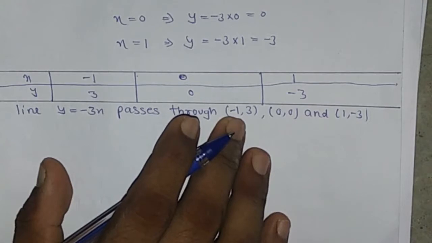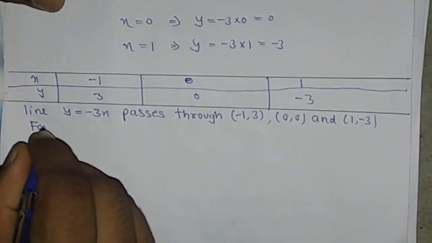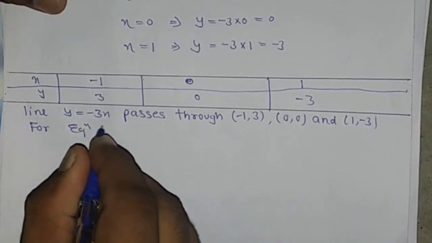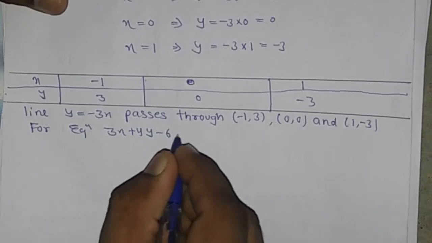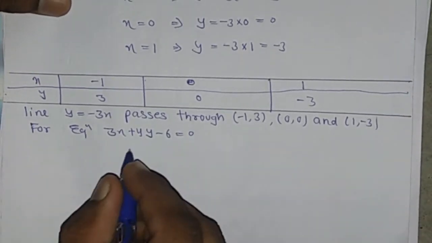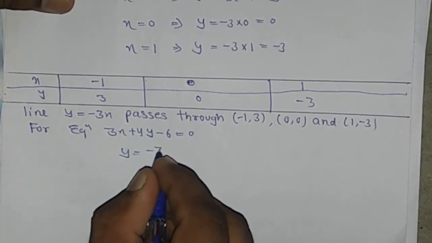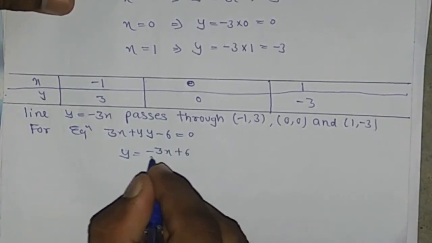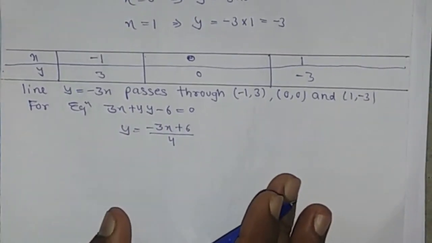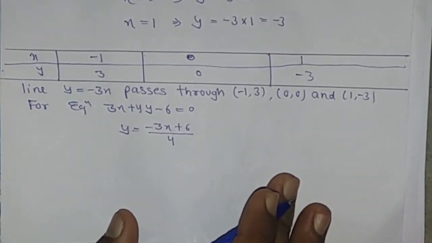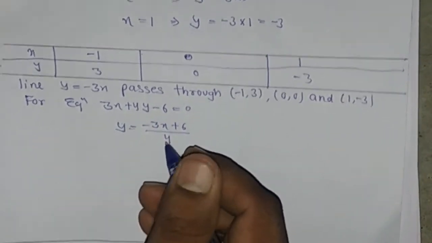Now third equation, 3x plus 4y minus 6 equal 0, we have y equal minus 3x plus 6 by 4. We put different values of x so that the numerator of this term is completely divisible by 4.